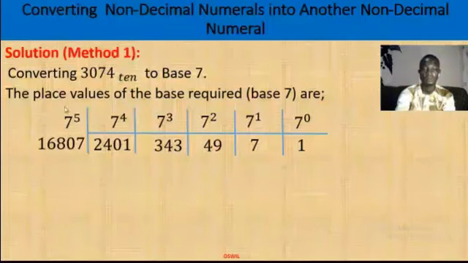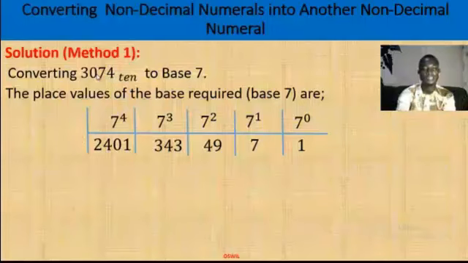Therefore, we end at 7 index 4, which is 2401, because 2401 is less than 3074. So we take off 7 index 5.